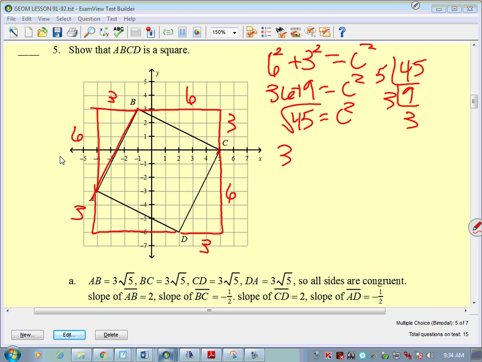So really what we're saying is 3 radical 5, 3 radical 5, 3 radical 5, 3 radical 5. So have we proved it's a rhombus? Sure did. Now, I went through that really quick. You would want to double check and make sure that those lengths are what I said they are. I'm trying to get through this, we've got 3 minutes type of thing.